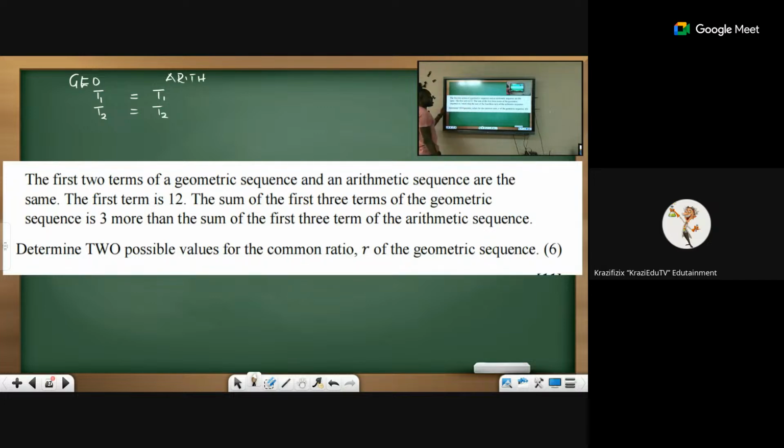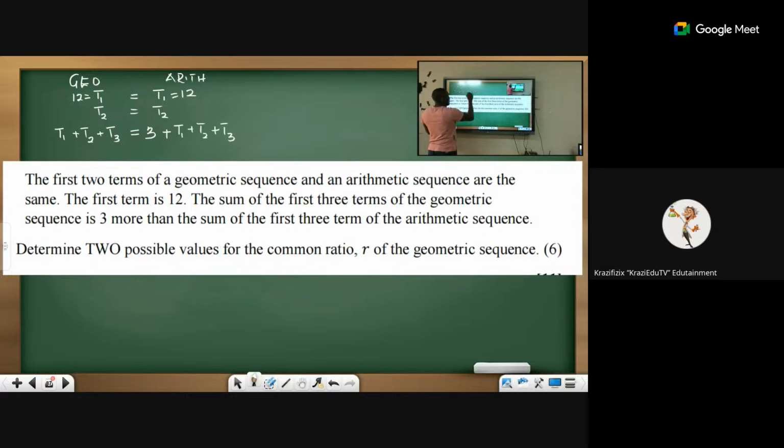Don't run. The first term is 12. Beautiful. Now we have a value. This one is also 12. The sum of the first three terms of the geometric, T1 of the geo, T2 geo, T3, is equal to 3 more than the sum of the first three terms of the arithmetic.